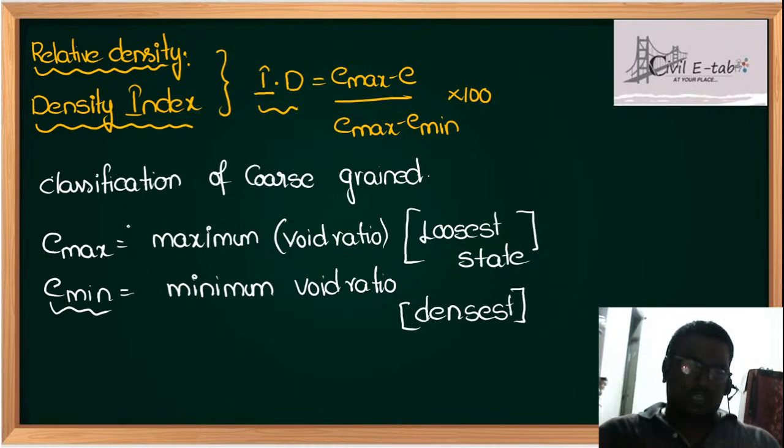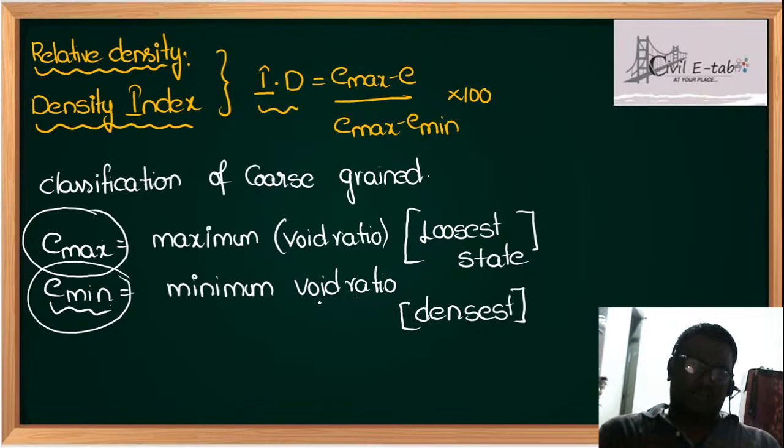So Emax is the void ratio in the loosest state, Emin is the void ratio in the densest state, which I have told you. Now you will ask me, what is the void ratio E called? E is known as void ratio in natural state.